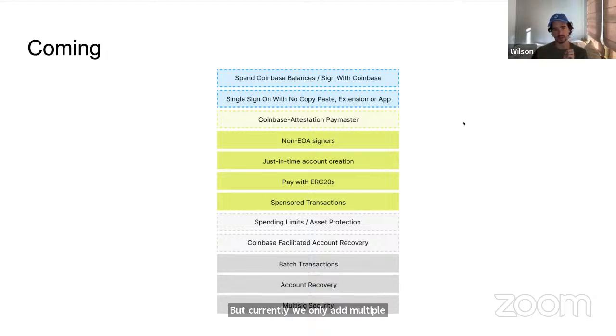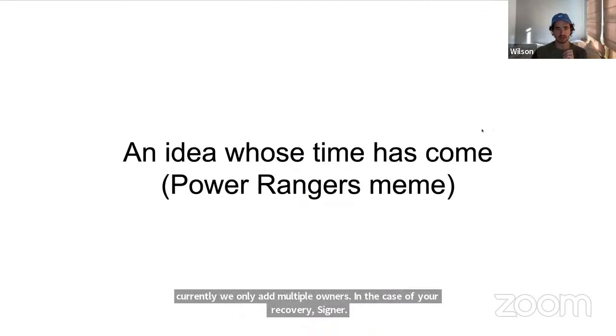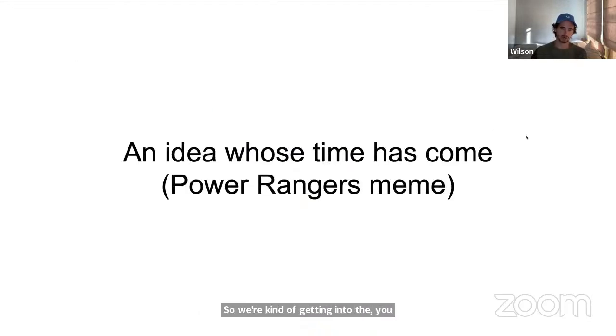So we're kind of getting into the Coinbase smart wallet demo. I'll come back to this question in a second, but I'll just say the overall idea here of why smart wallets, why now? I think it's a confluence of the powers of ERC-4337.